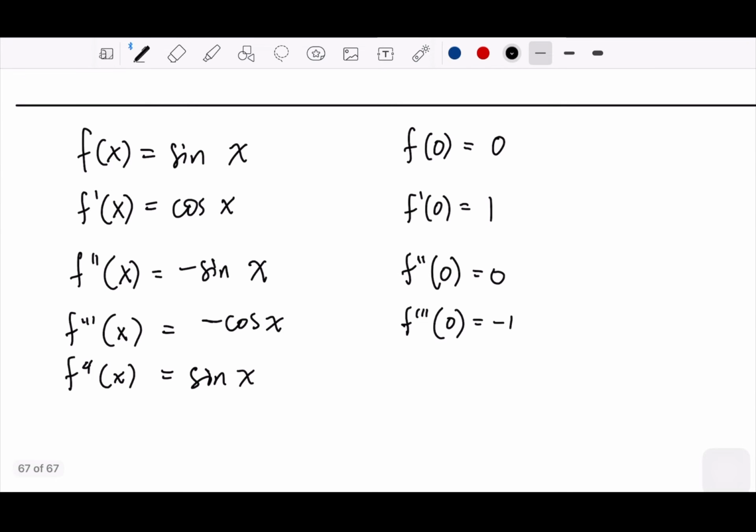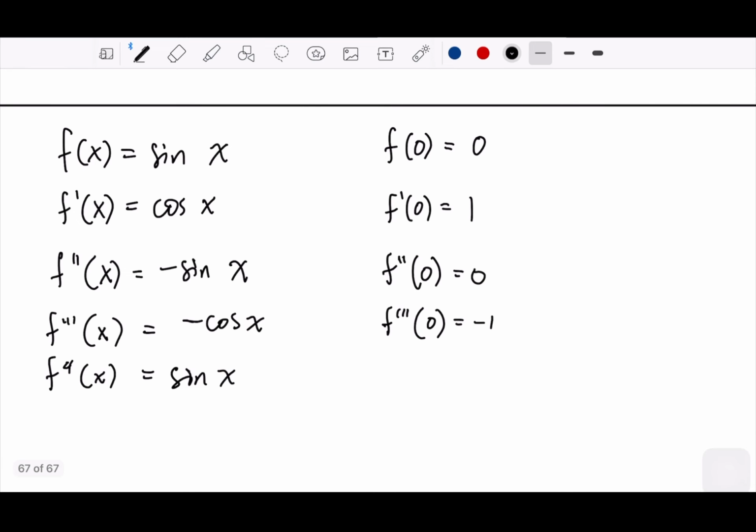And after the fourth derivative, we will get back to our sine. If you look at how we develop the coefficients, we will have 0, 1, 0, negative 1, 0. So the terms at the odd numbers 1, 3, 5, 7 will appear in the series. The even coefficients will be 0, so we can remove them.